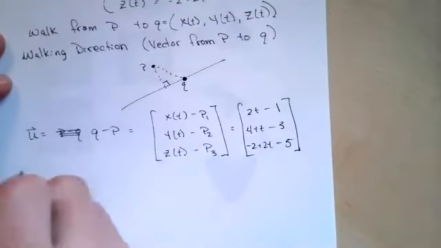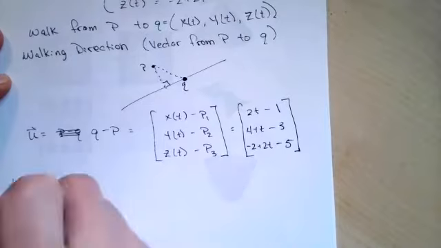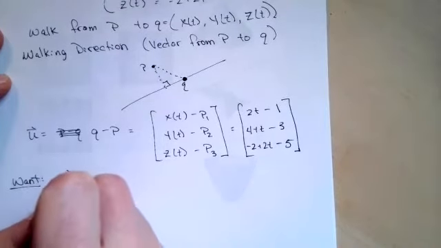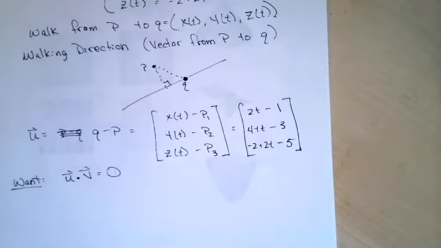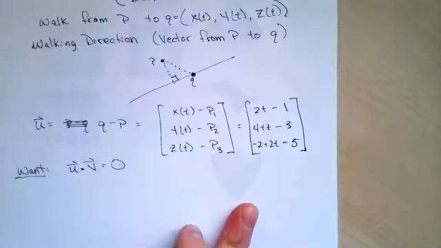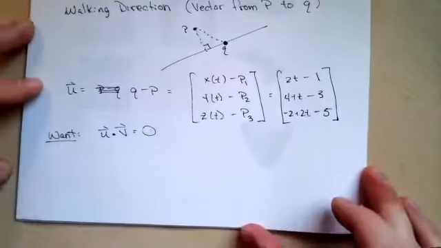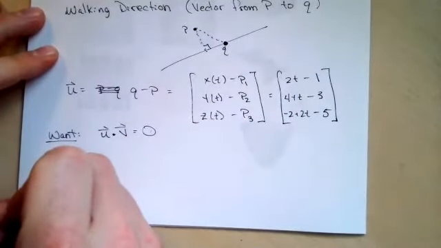So we want the dot product to be 0. And so now we can compute that.